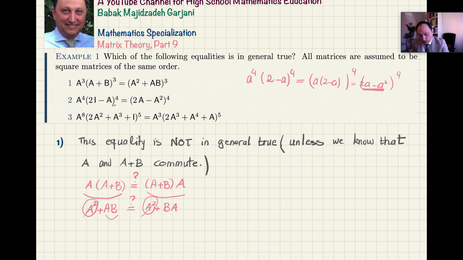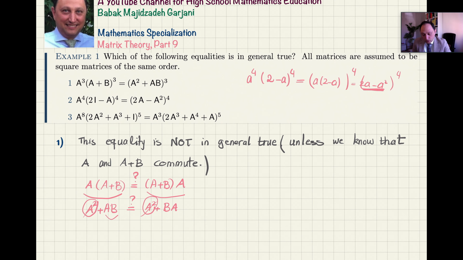If I ask you what are the numbers involved here, you would say one number is A, the other number is 2 minus A. If I ask you the same question here, you would say that the matrices involved are A and 2I minus A. So I can use this if I know that these two matrices commute.